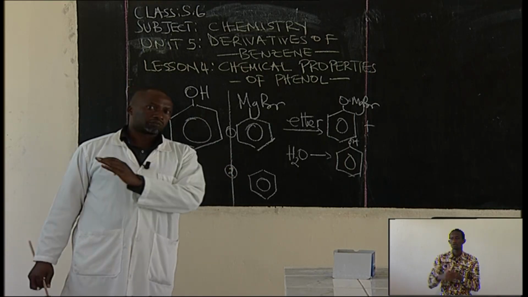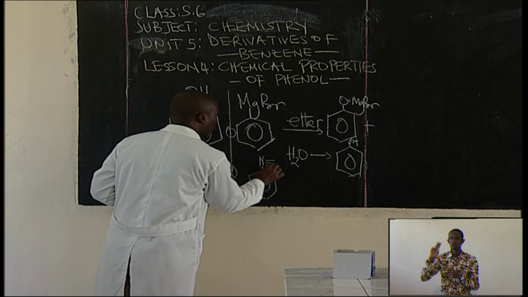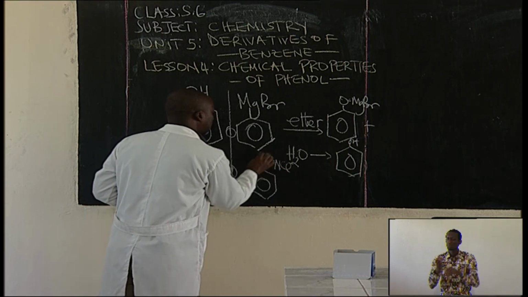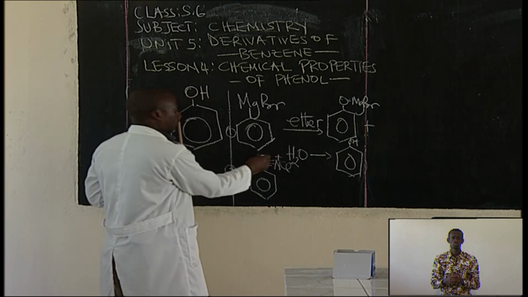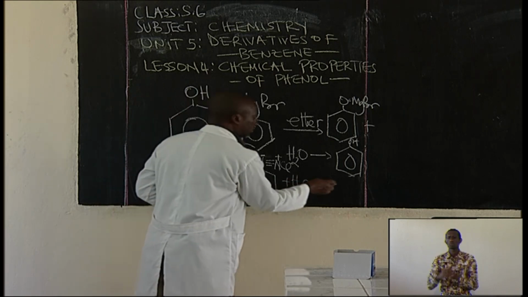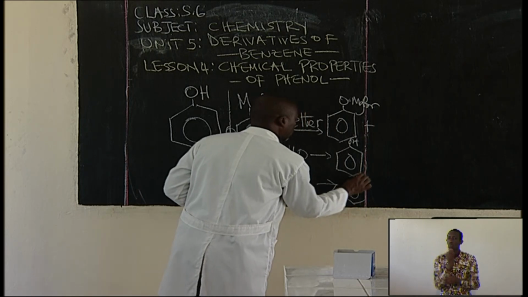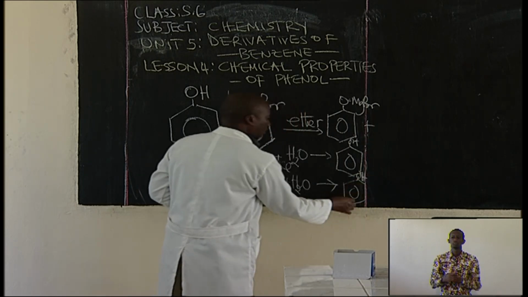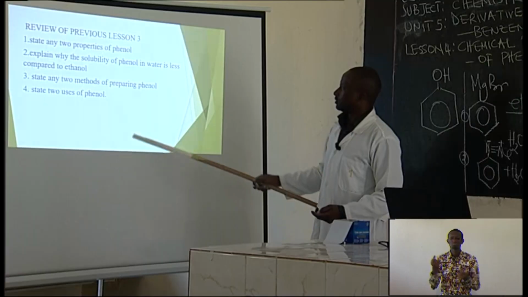We have not come to the amines, but this is where it comes from: benzene diazonium chloride. When it is put in water, this one changes into phenol. And there are some other methods that we looked at.